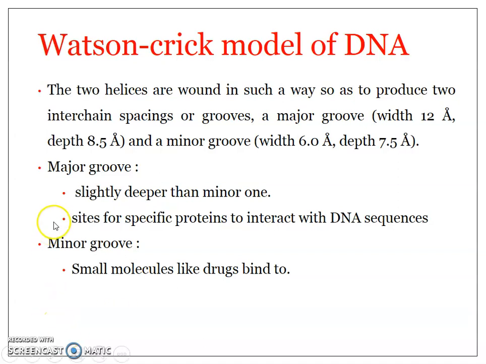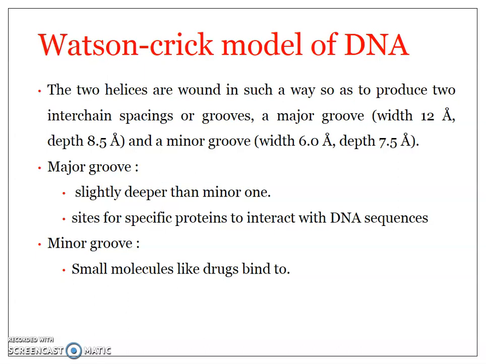Now, what are the features of the major groove? As we have already seen, it is deeper and wider than the minor groove, and it is the site for specific proteins to interact with DNA sequences. What kind of proteins? You may have already studied DNA replication, and transcription, the DNA getting transcribed to mRNA.